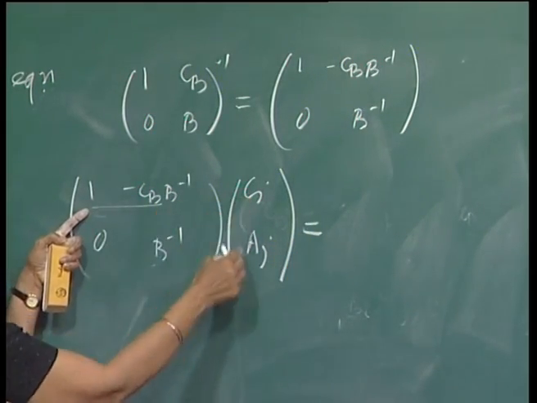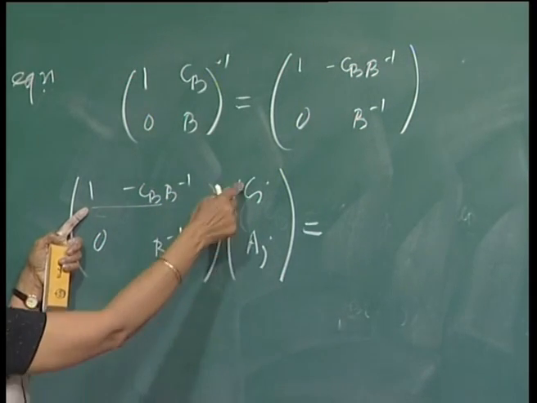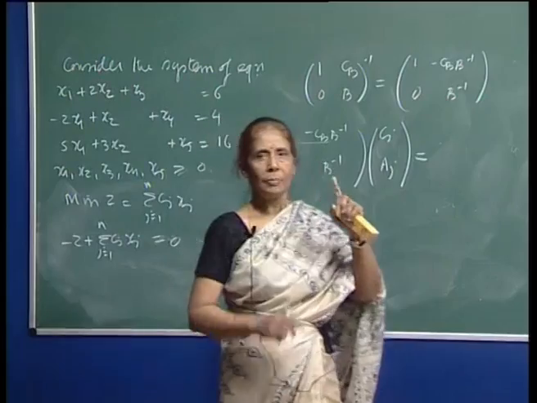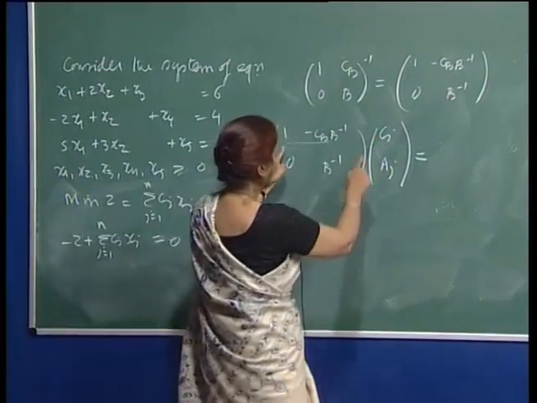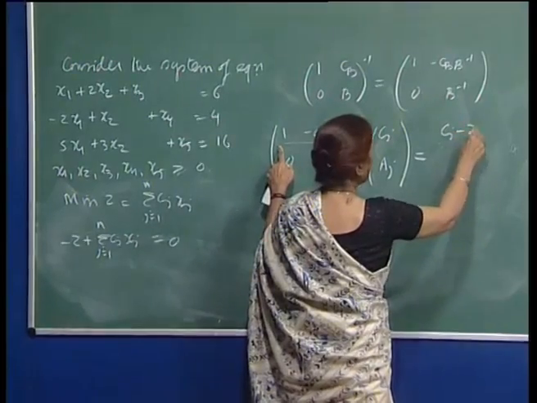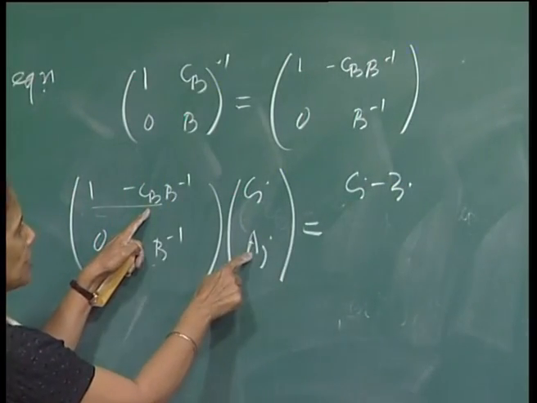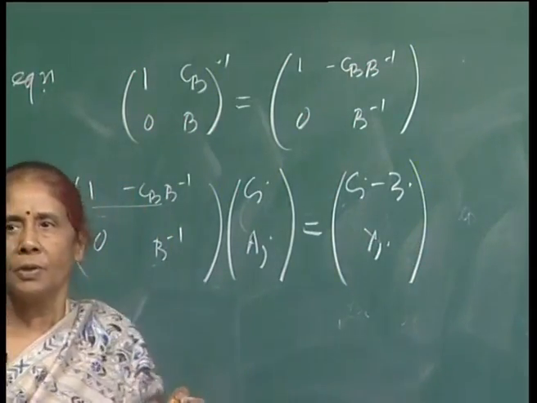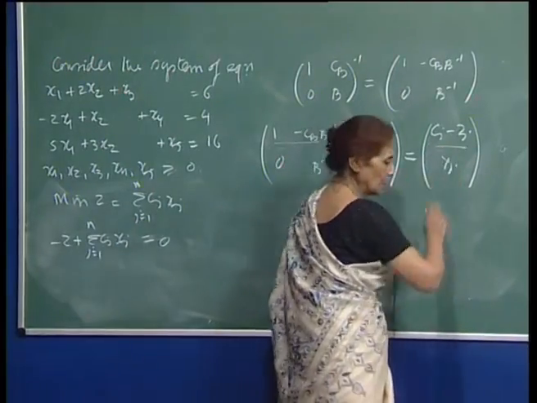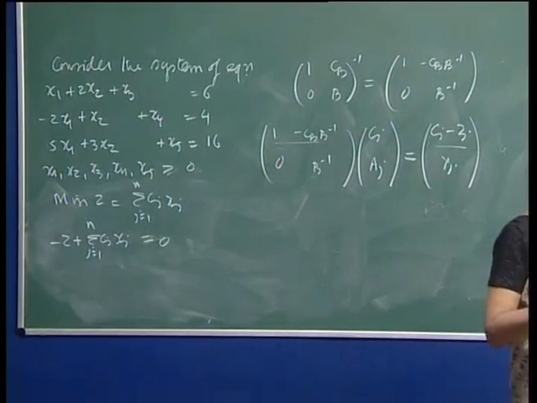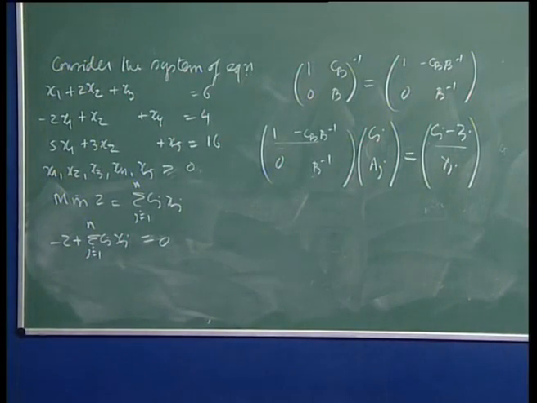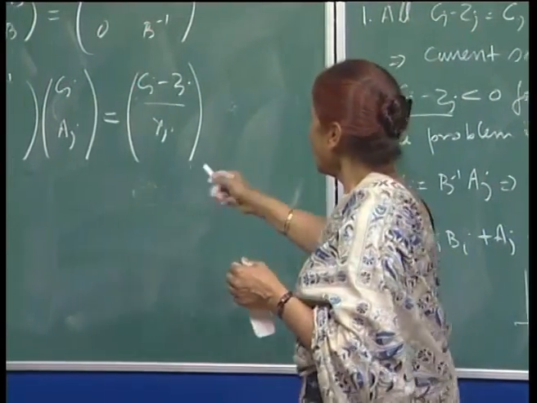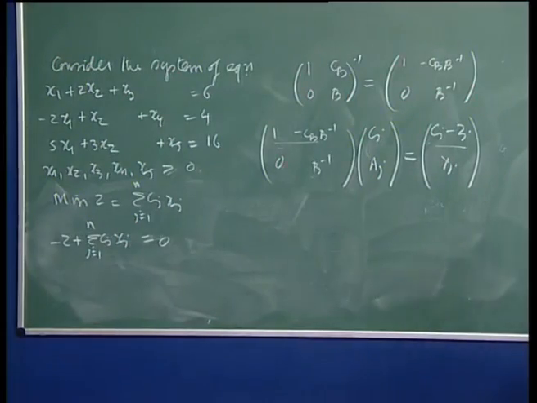When you multiply the first row with the corresponding column, since you have added the first row, this will become Cj minus Zj, because Cb b inverse Aj, and this will be your Yj. So, this is really good, because I need these quantities also. And remember, before I proceed with the simplex algorithm, that means from one basis to another, I need to know whether my optimality criteria is being satisfied or not.